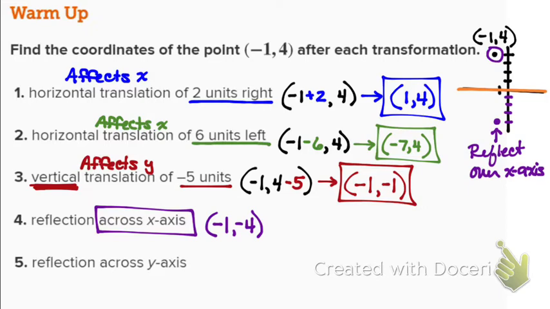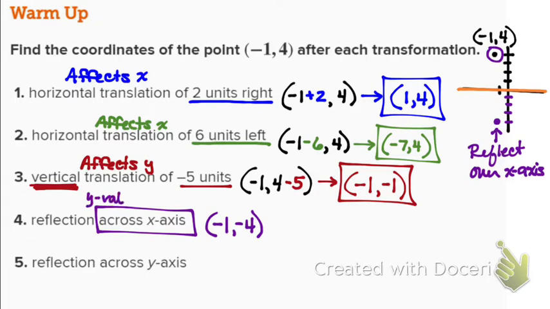Which part of the ordered pair changed when we reflected it over x? The y. Yeah, here's my original point. When I reflected it over x, when I folded it in half, my x stayed the same, but my y changed signs.